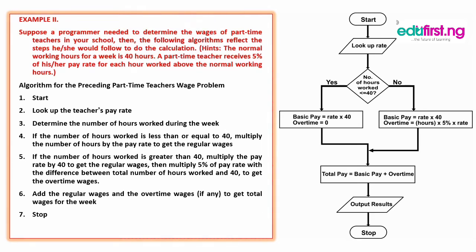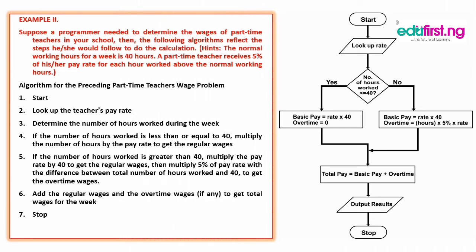Step 1, start. Step 2, look up the teacher's pay rate. Step 3, determine the number of hours worked during the week. Step 4, if hours worked is less than or equal to 40, multiply the number of hours by the pay rate to get the regular wages. Step 5, if the number of hours worked is greater than 40, still multiply the pay rate by 40 to get the regular wages first.